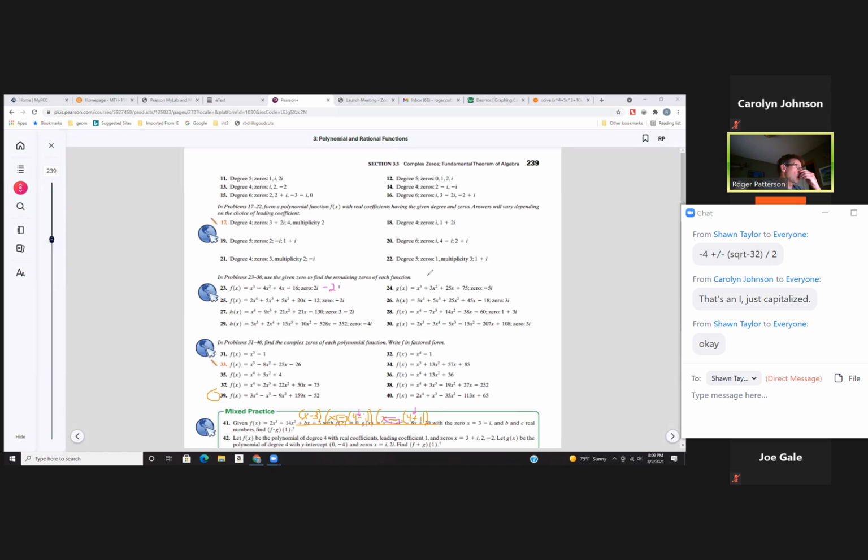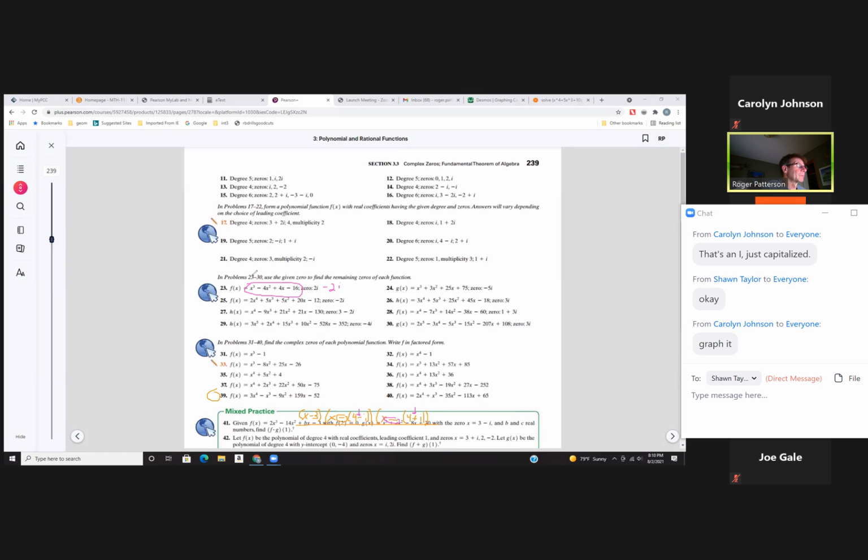Now, how would we find a third one? What would we do with this? Yep, graph it. You're just going to graph it, and it should tell you. That's how those work.